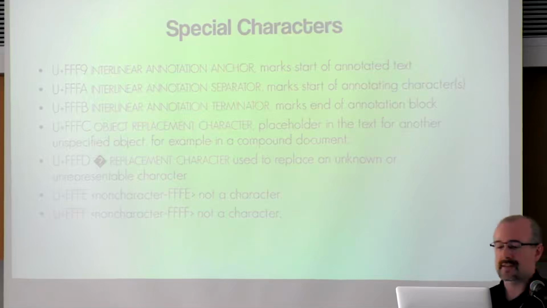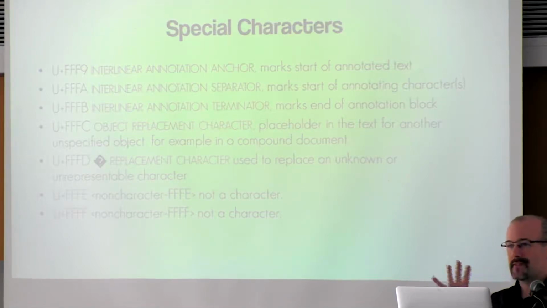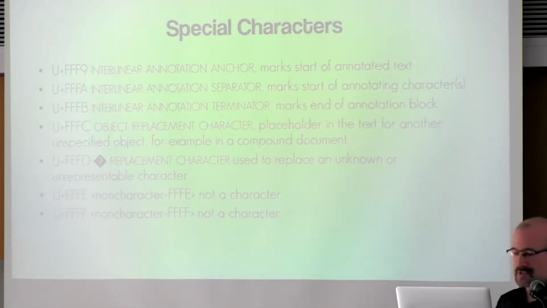Special characters include things like the interlinear annotation anchor, the annotation separator, and the annotation terminator. It allows the concept of a Unicode string to have embedded annotations, like rich text. So it actually defines a rich text system, which is a little bit crazy. It has an object replacement character, which can be used for compound document insertion.